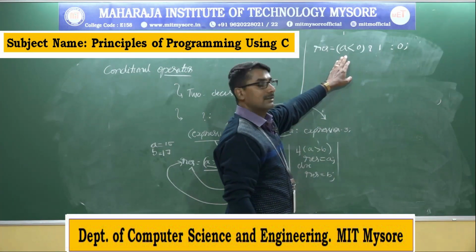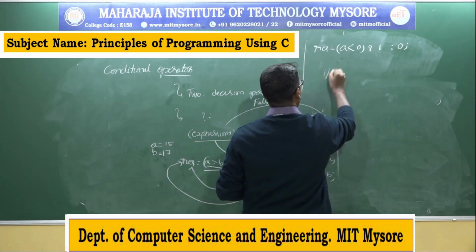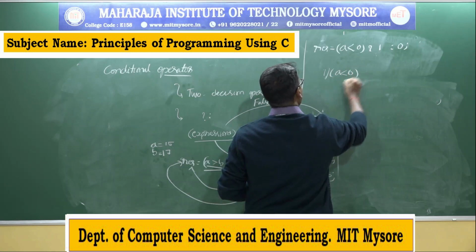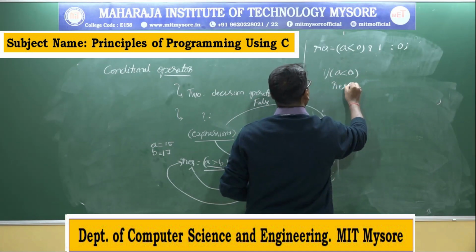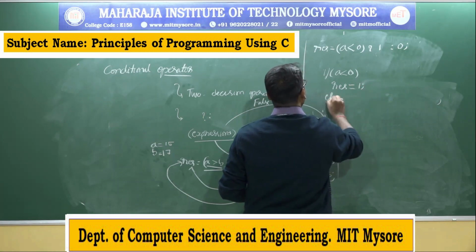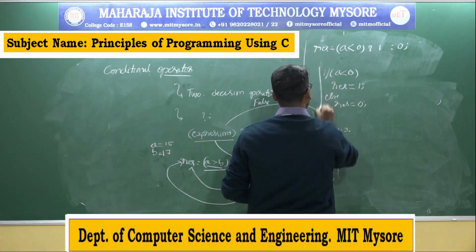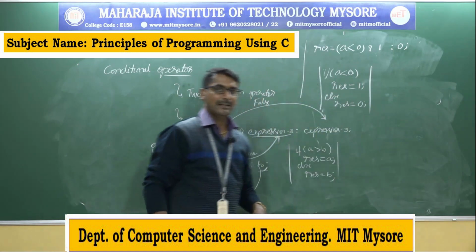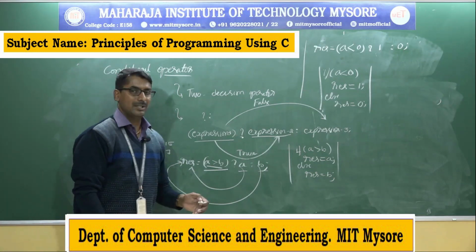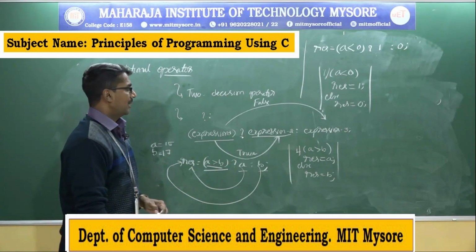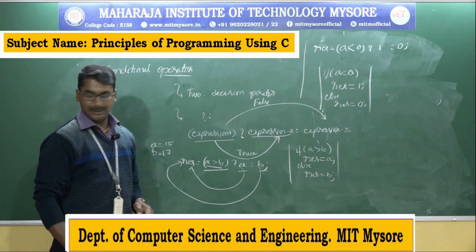If we return 1, then the given number is a negative number. This can be written as: if A less than 0, RES is equal to 1, else RES is equal to 0. So if the RES value is 1, then the given number is a negative number. If RES is equal to 0, the number is a positive number. The conditional operator is a two-way decision statement.